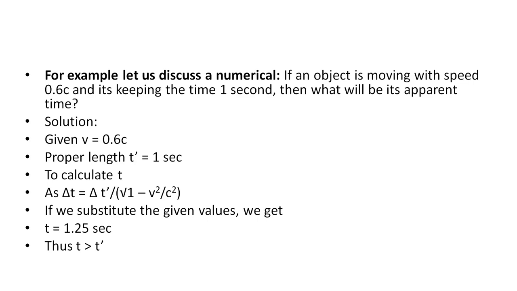To calculate t or delta t, delta t is equal to delta t dash divided by root of 1 minus v square by c square. If you solve it, then you will get t equals 1.25 seconds. Therefore delta t is greater than delta t dash. Because 1.25 seconds is more than 1 second, time gets slower.